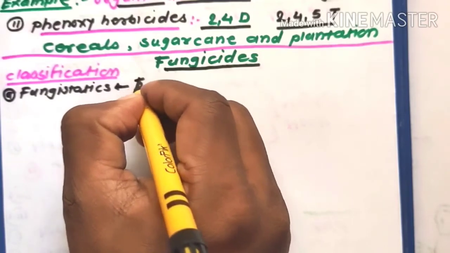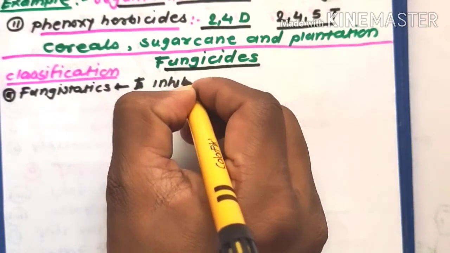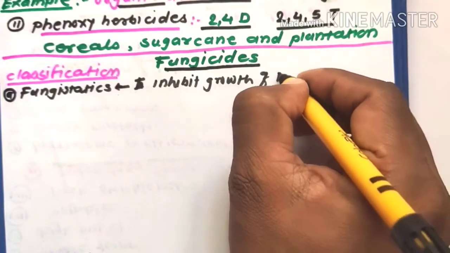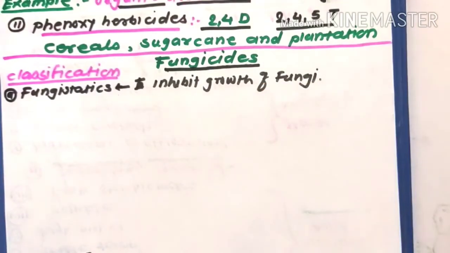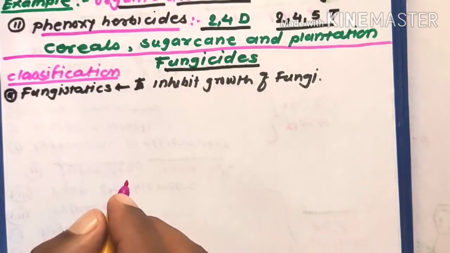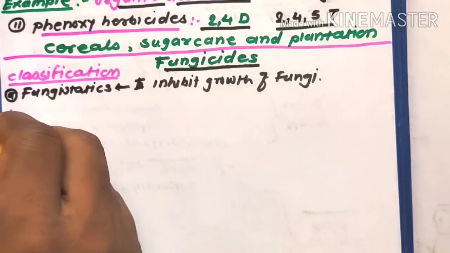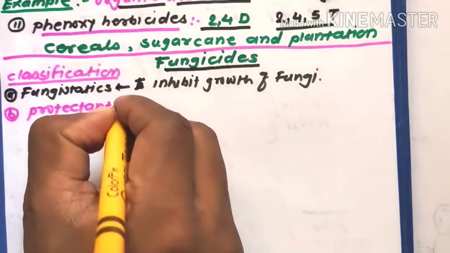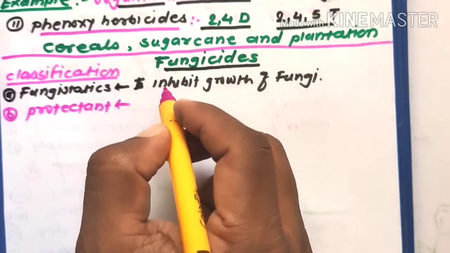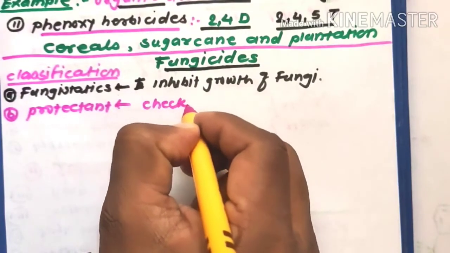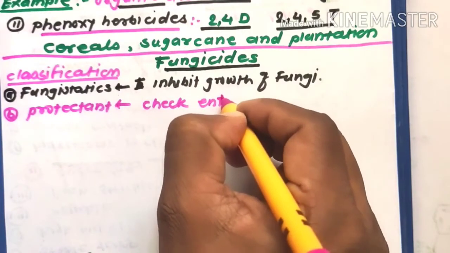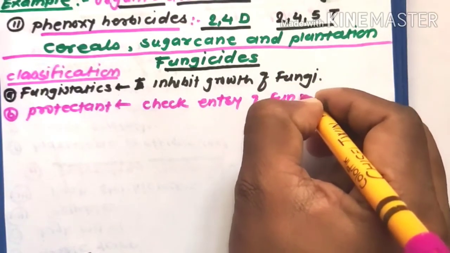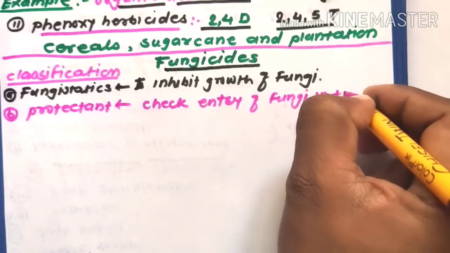Then the second one, protectants. They check the entry of the fungi into the plant.